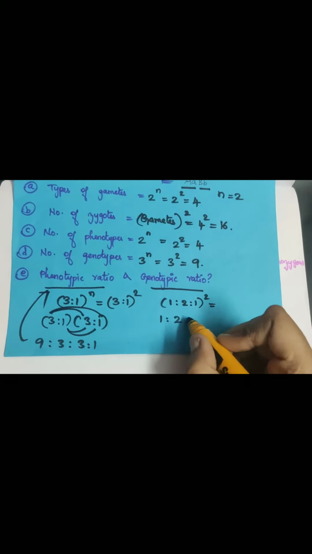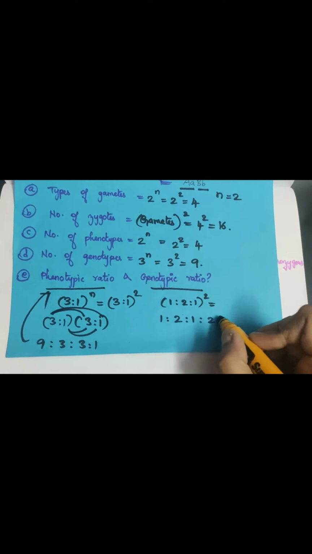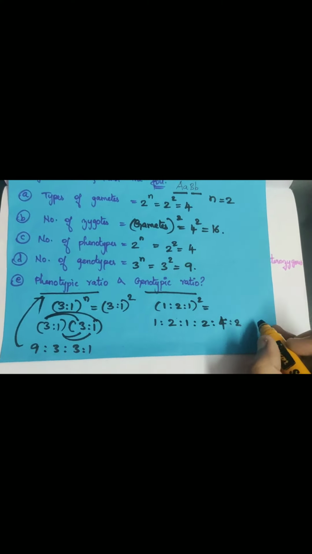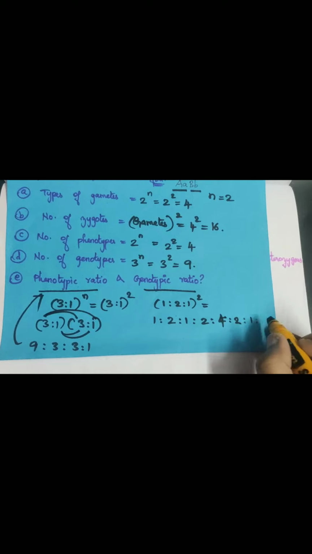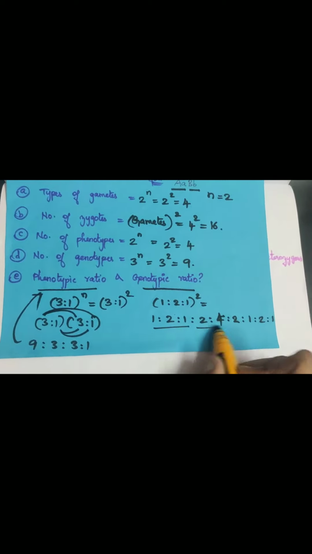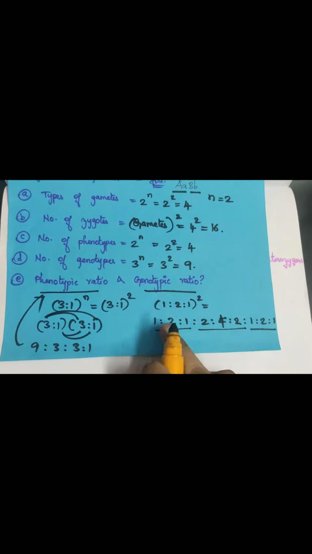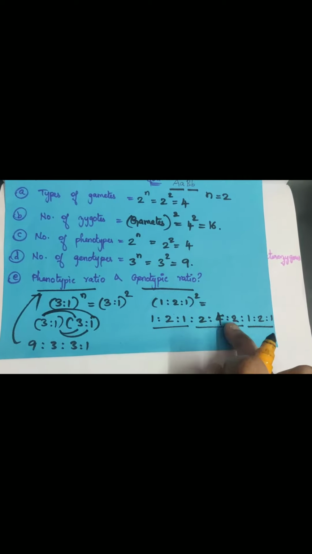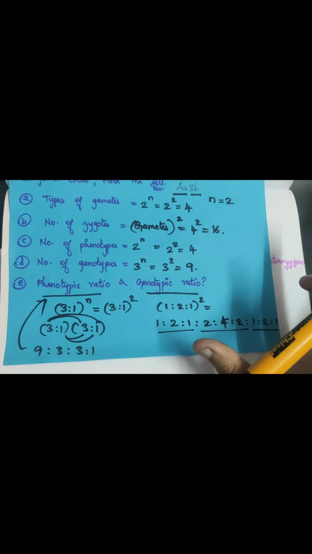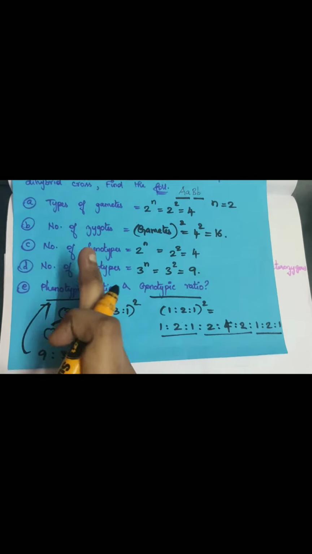It is 1:2:1 2:4:2 1:2:1. How to remember this? 1:2:1, then 2:4:2, then 1:2:1. Just multiply the 1:2:1 with 1, then with 2, then with 1 again, and you will get this. So this is a simple way to remember the genotypic ratio and phenotypic ratio.